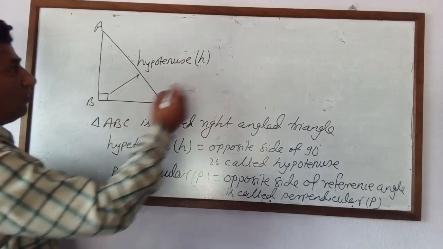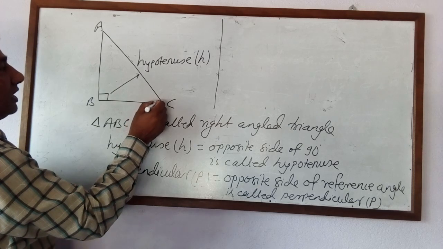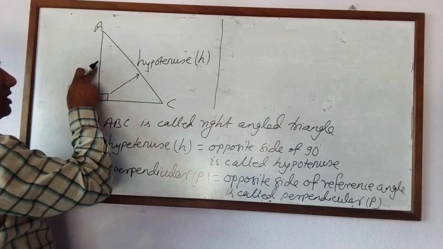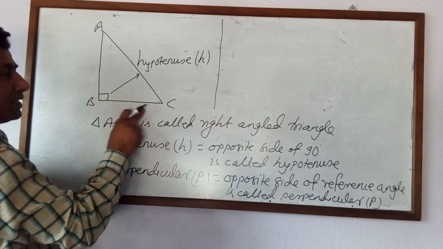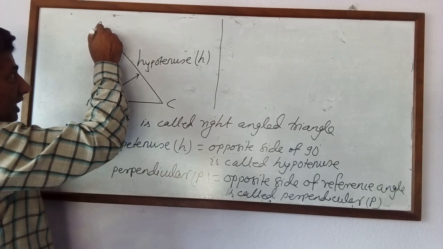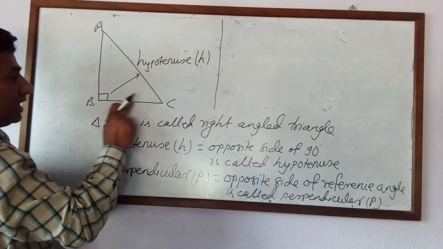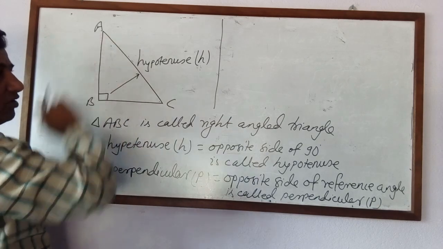It means for angle C, opposite side of this angle C is AB. This AB will be perpendicular, and for this angle C, BC will be base. Now for this angle A, opposite of this angle A is BC. That's why for this angle A, BC will be perpendicular, and this AB side will be base.